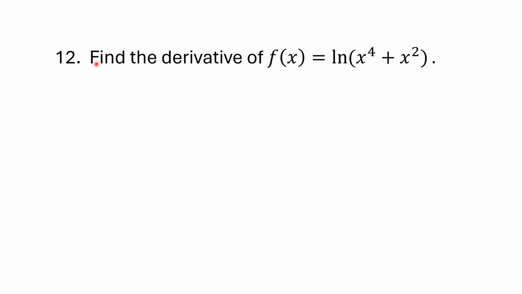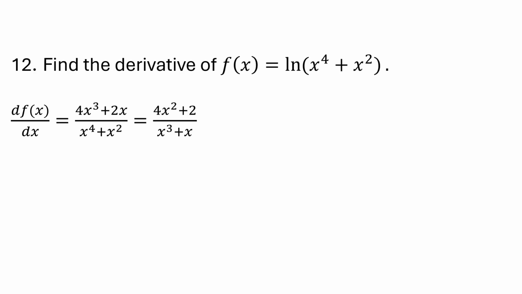Now we get a derivative of f of x equals the natural log of the quantity x to the fourth plus x squared. Well, the derivative of the logarithm is 1 over the argument of the function. So here the derivative of the log of x to the fourth plus x squared is 1 over x to the fourth plus x squared.